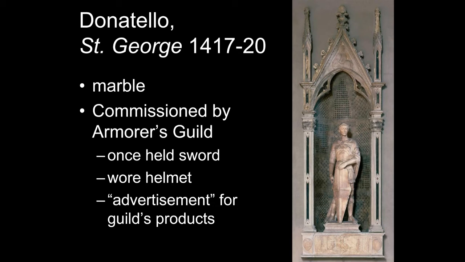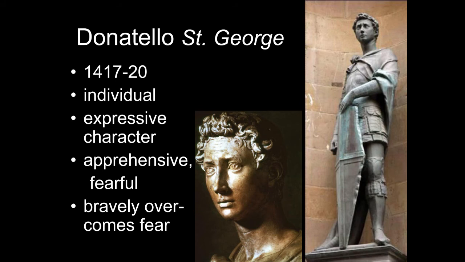He also once held a sword, which would have stuck out a little bit above the heads of passersby, in a sense sticking out into the world of the people who are real and are passing by. And you could see that becomes a kind of advertisement for the guild's products, as well as showing them a saint who would have used their products, the armor.